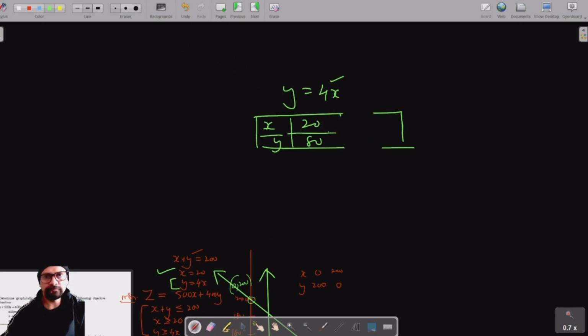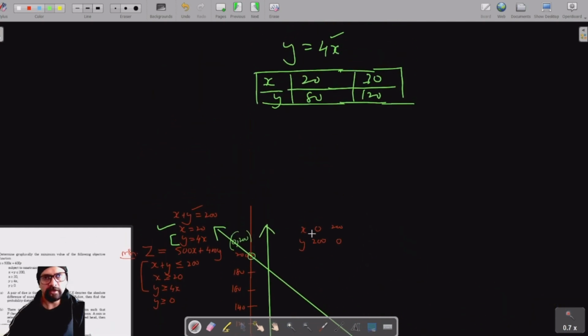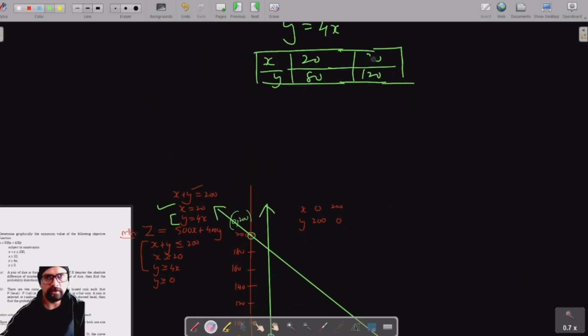When x is 30, y is 120, or we can also take x as 40, which gives me y as 160.